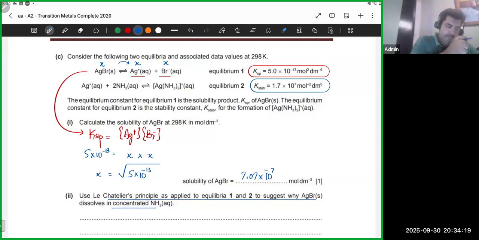Well, if you look at the second reaction, the K-stab value is really large. It's 1.7 times 10 power 7. So that means this equilibrium number 2 is completely shifted to the right. So you're going to write that the K-stab is large.